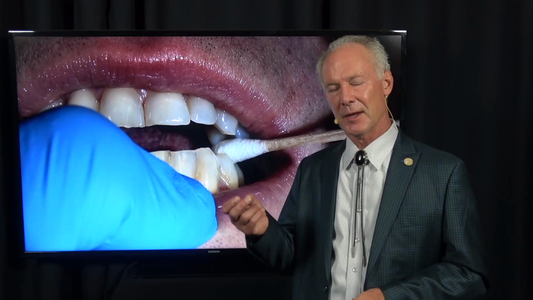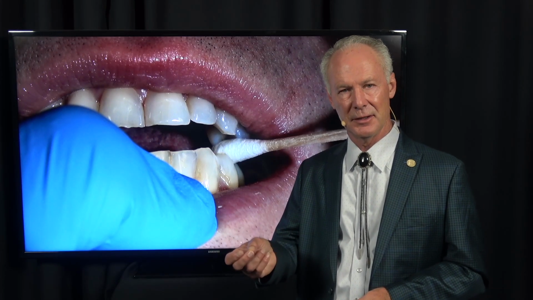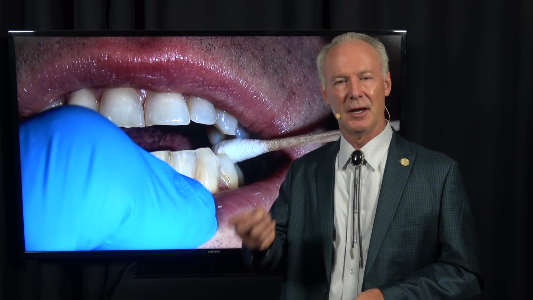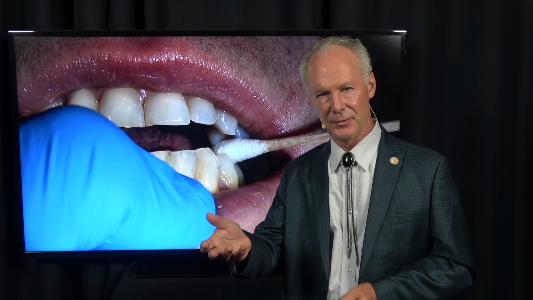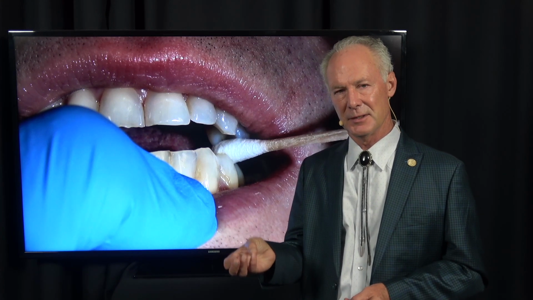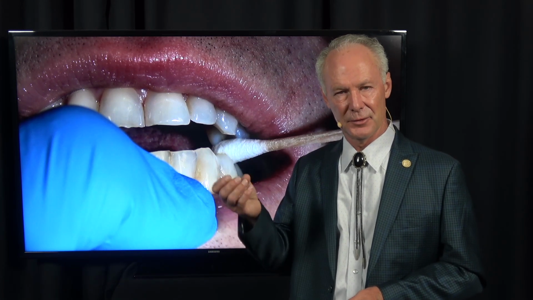If it's cracked or decayed into the nerve of the tooth, that pain is going to be short-lived and often caused by, if it's cracked, from biting, cold, hot, temperature. If it's a pulp exposure and just decay into the nerve of the tooth, that's usually going to be sensitive to hot, cold, or sweet.